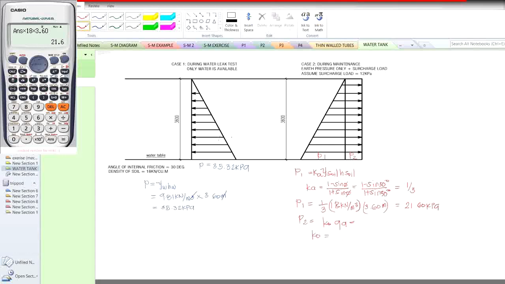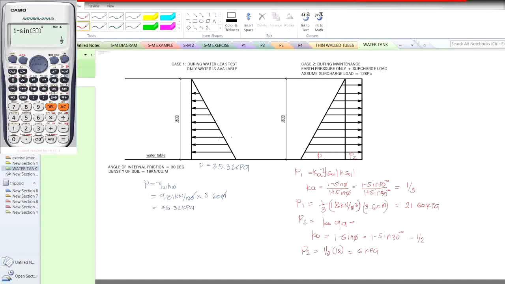Ko is represented by the formula 1 less sine of theta, 1 less sine of 30 degrees. Let's use our calculator. 1 less sine of 30 degrees equals 1/2. So P2 equals Ko, 1/2, of 12 kilopascal. That's a total of 6 kilopascal.